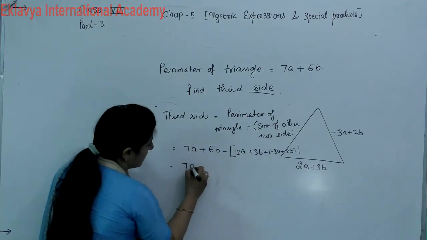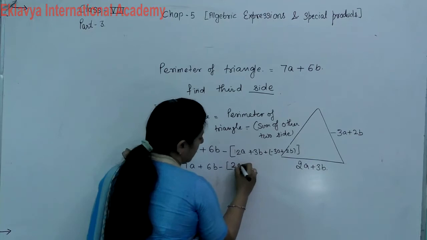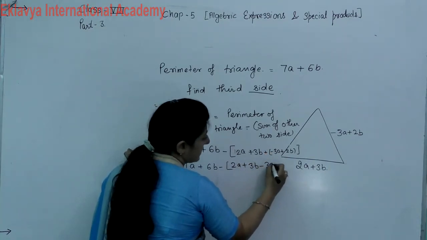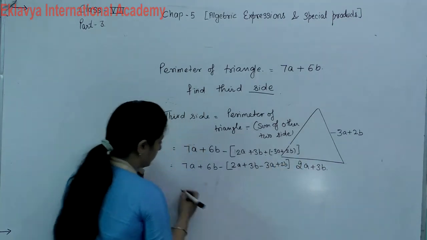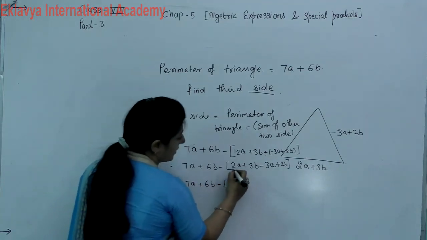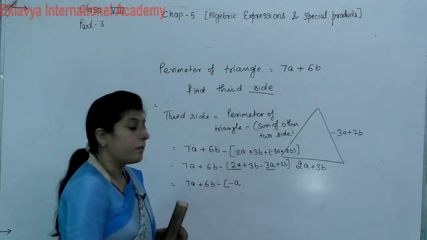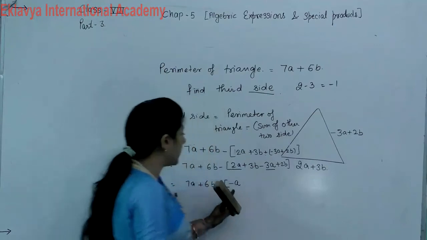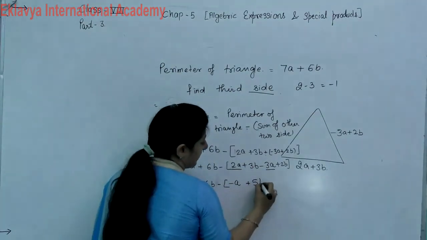Now solve it. 7a plus 6b minus 2a plus 3b plus minus 3a plus 2b. 7a plus 6b minus, firstly solve the bracket, 2a minus 3a, 2 minus 3, minus 1, then minus 1a means minus a, 3 plus 2, 5.